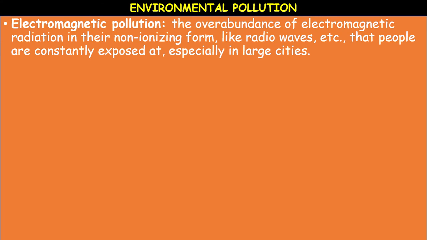Next, electromagnetic pollution. What is electromagnetic pollution? The overabundance of electromagnetic radiation in its non-ionizing form like radio waves, etc., that people are constantly exposed to, especially in large cities, metropolitan cities, well developed, urbanized cities.